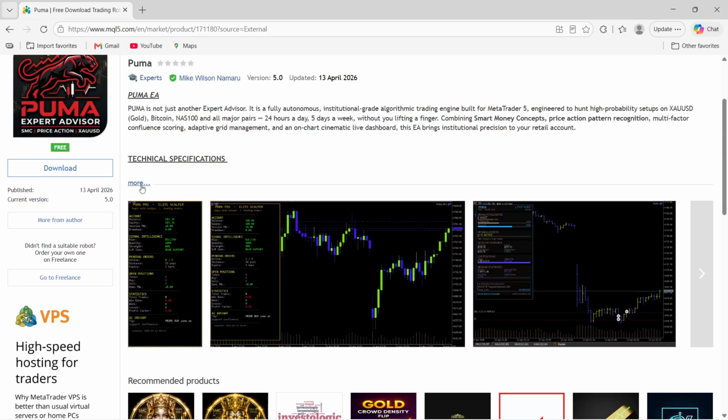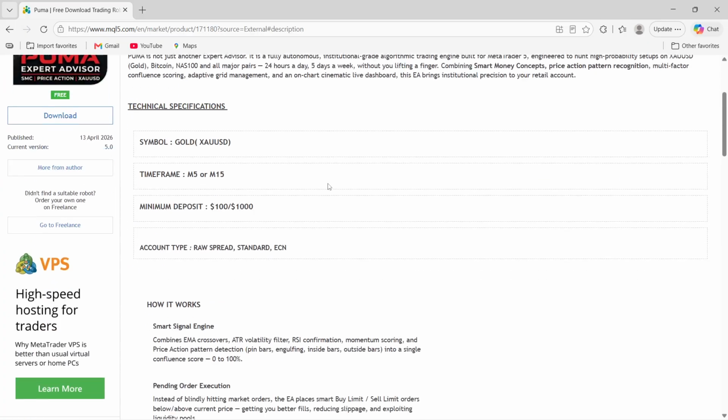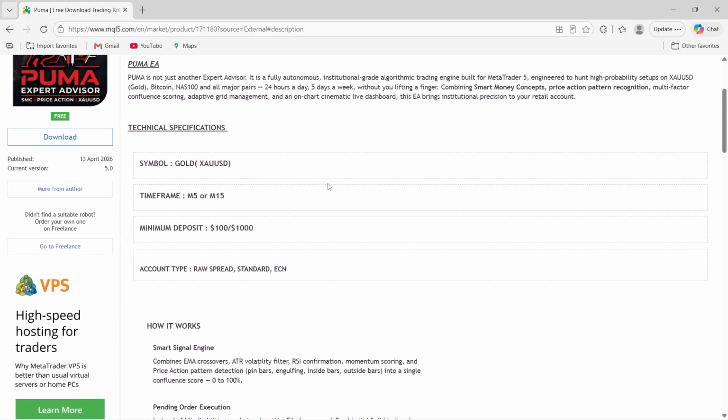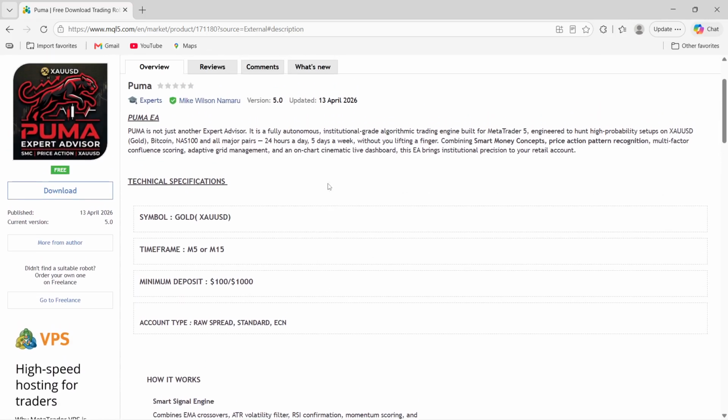Alright, so let's get into it. The core of Puma EA is what the seller describes as a smart signal engine. It combines multiple factors into one confluence score from 0 to 100%.